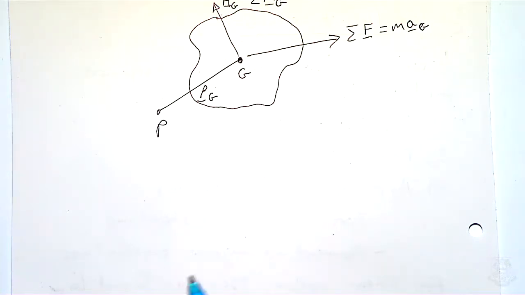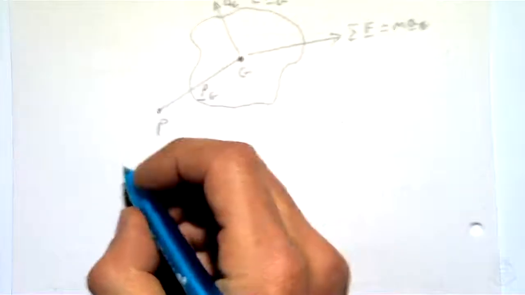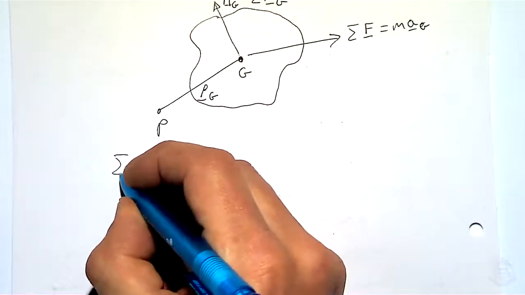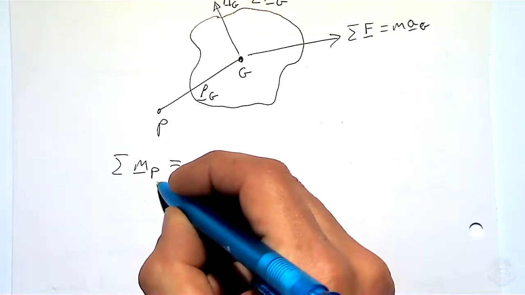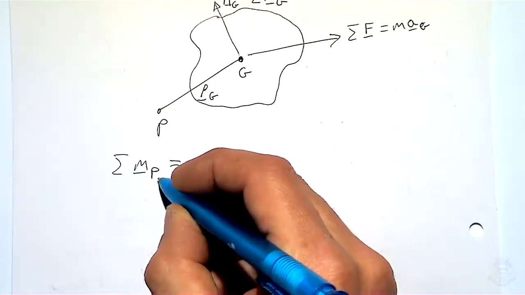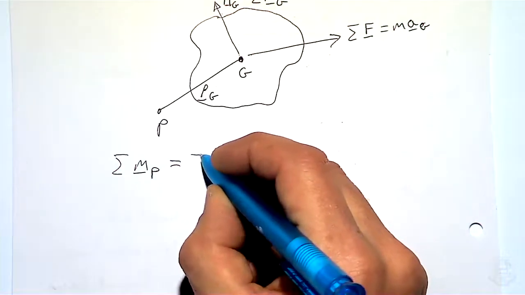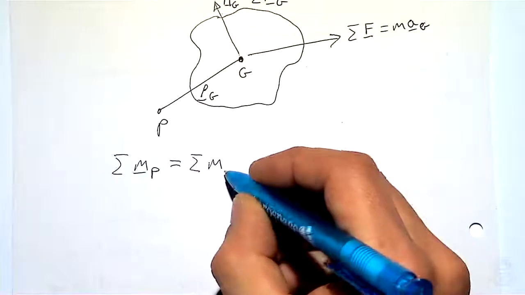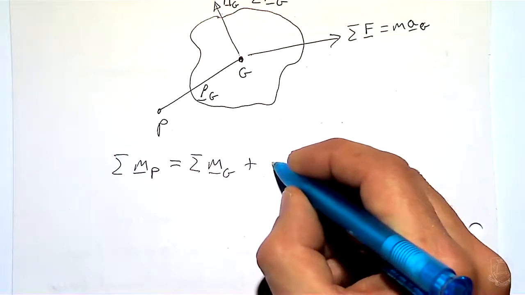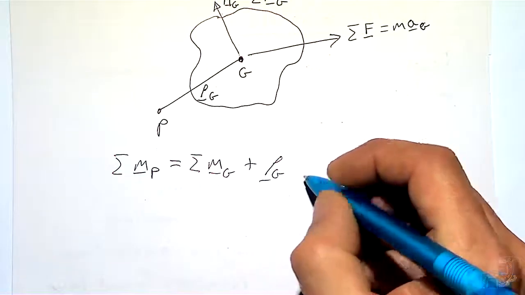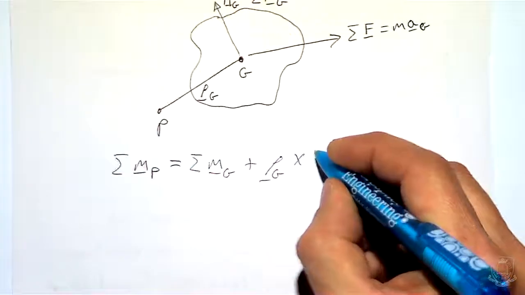Okay, so what we can say about this is we can now define a moment about the point P. So now the subscript is P, equal to the moments about G plus the distance from P to G times the sum of forces.